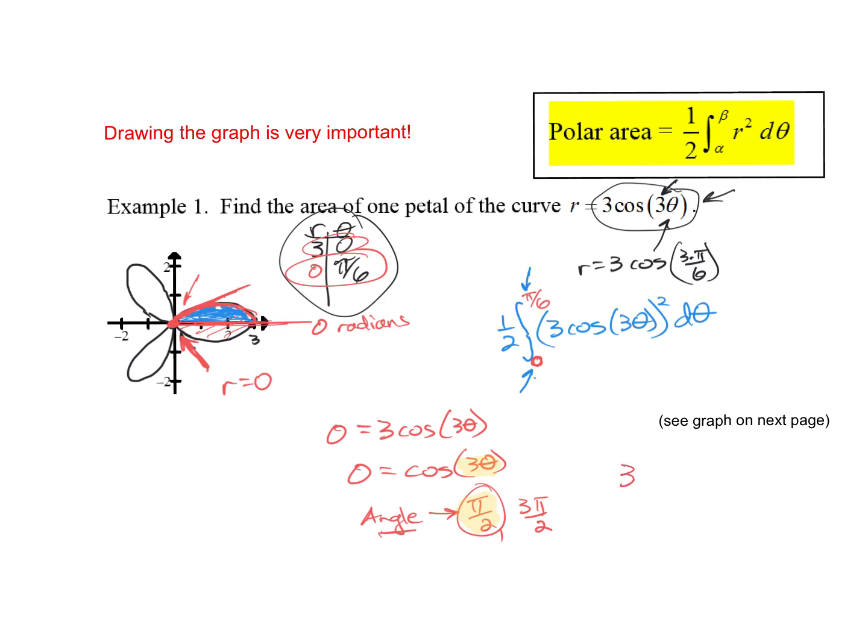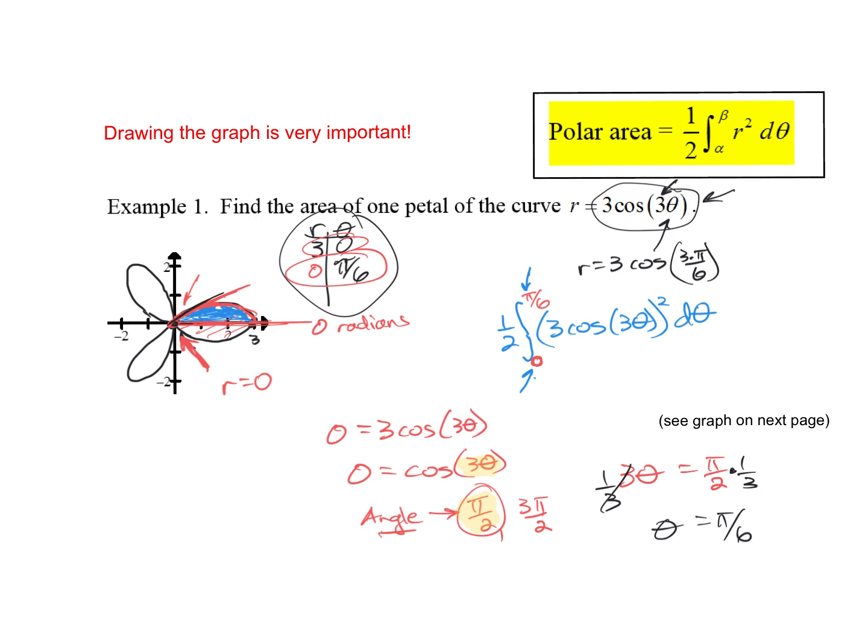So I want 3 theta to equal pi/2. So if I divide both sides by 3 or multiply by a third, I end up getting theta is equal to pi/6.